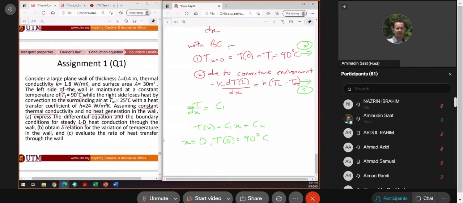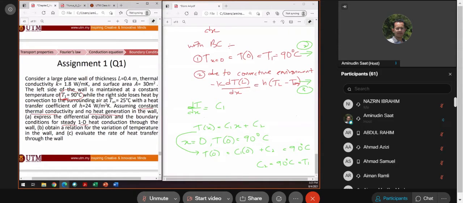You know that at t equals 0, C1 times 0 plus C2 equals 90 degrees Celsius. So basically C2 equals 90 degrees Celsius, or equals T1, because 90 degrees Celsius is T1 here.